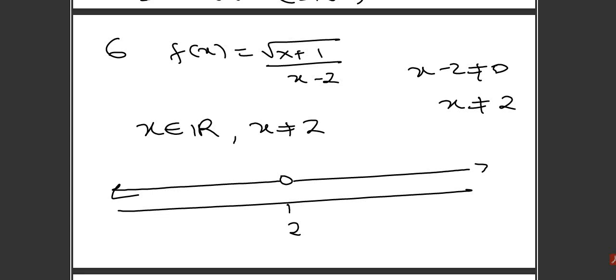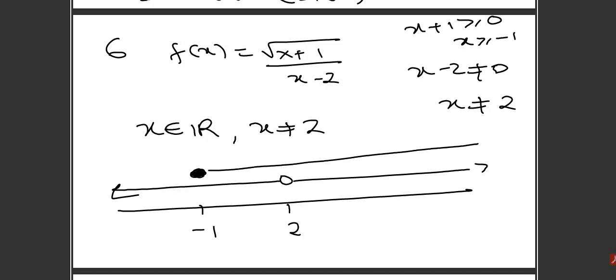Then for the top part, we're just saying x plus 1 must be greater than or equal to 0. Because the top part can be 0, we're okay with that, because 0 divided by anything is still 0, right? No wonder we are allowing the 0 there. Then this will be x is greater than or equal to negative 1. So there's a negative 1 right here, which is closed. So now we're going like that. So where are both the numerator and the denominator appearing?